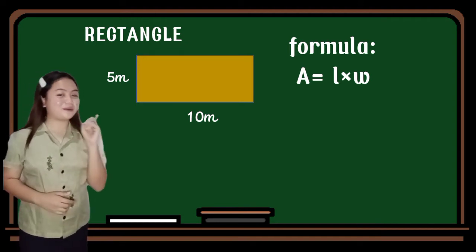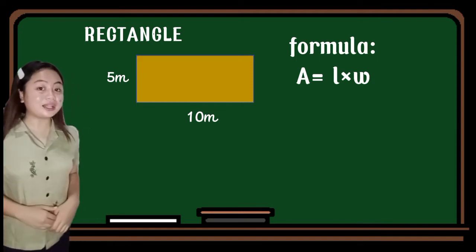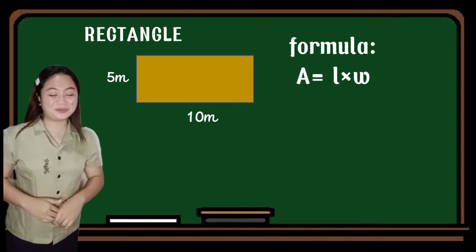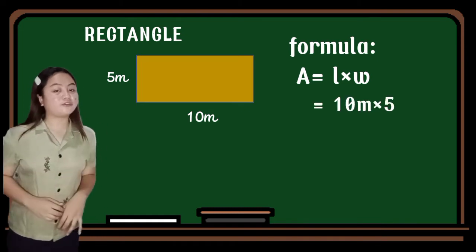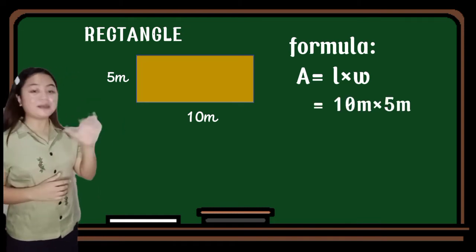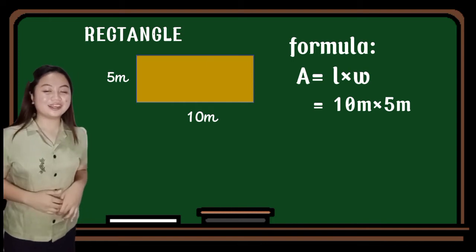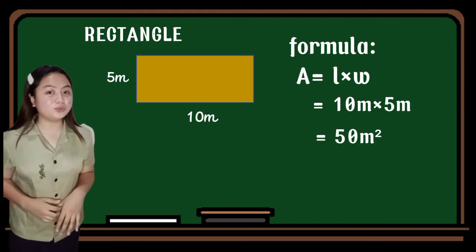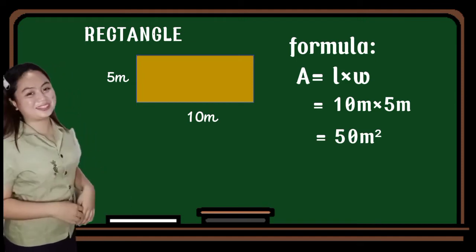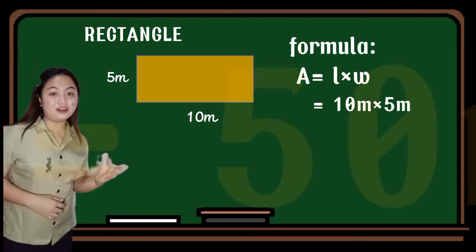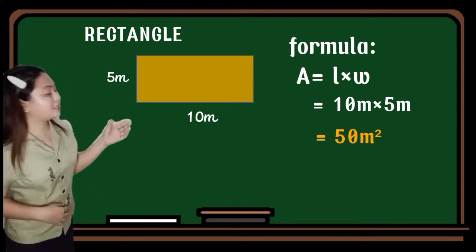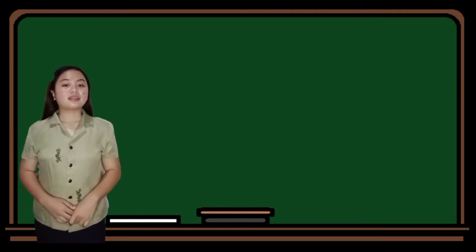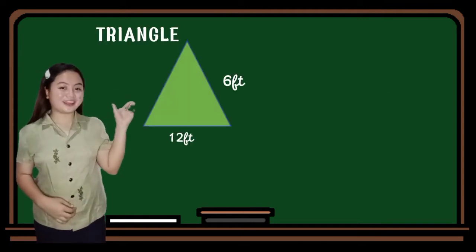Now, let's substitute the given values in the formula length times width. So we have 10 meters for our length and 5 meters for our width. So, 10 meters times 5 meters is equal to 50. Therefore, the area of this rectangle is 50 square meters.